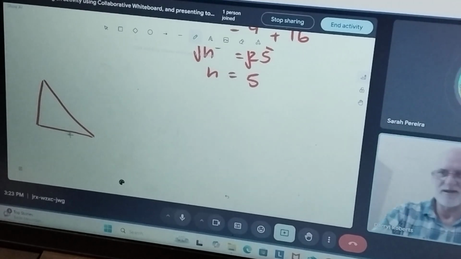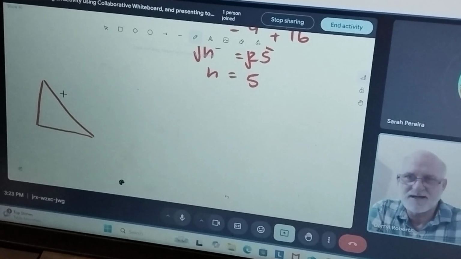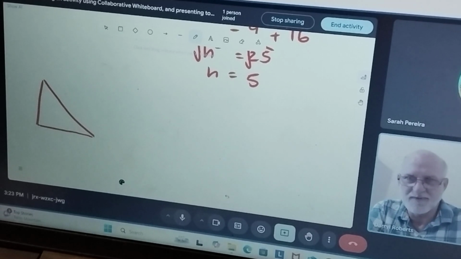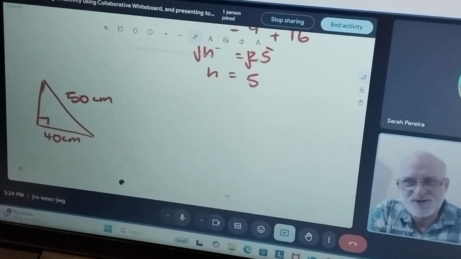I'm just going to make something up. We're going to get a decimal, I really don't care. Let's say this side here is 50 centimeters, not degrees. And maybe this side here is 40 centimeters. We're now looking for a shorter side, aren't we?